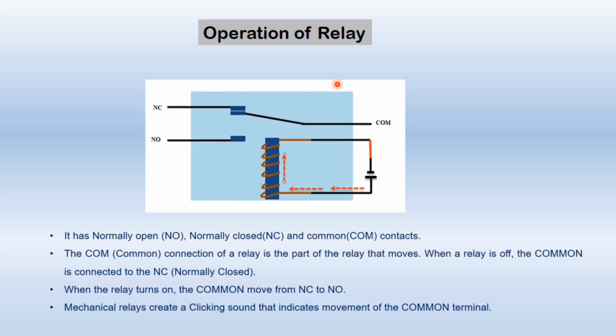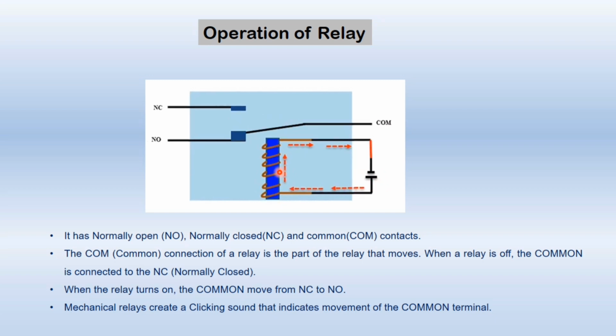So this is the internal structure of the relay. Let's understand the operation of a relay. Here you can see we have two contacts, normally closed and normally open. When the relay is not working, when it is off, it is connected to the normally closed position like this. But when you close this switch, a current will start flowing from this DC source to this coil.